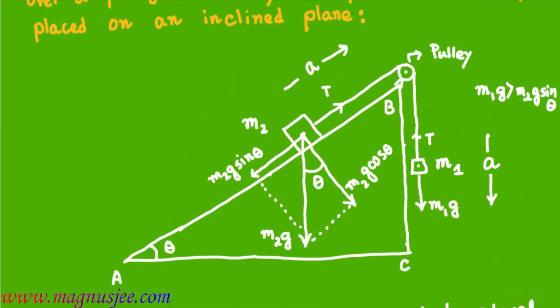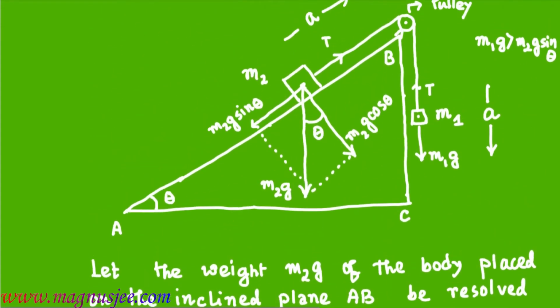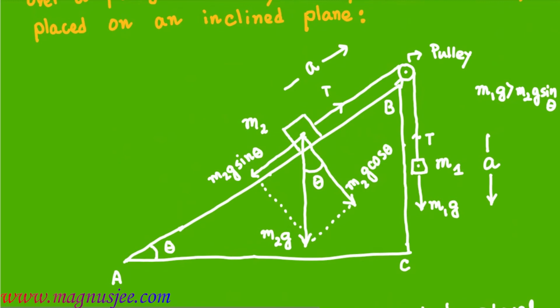Here the m2g cos theta component is perpendicular to the inclined plane AB and the m2g sin theta component is parallel to the inclined plane AB. And also m2g sin theta is acting down the inclined plane AB.